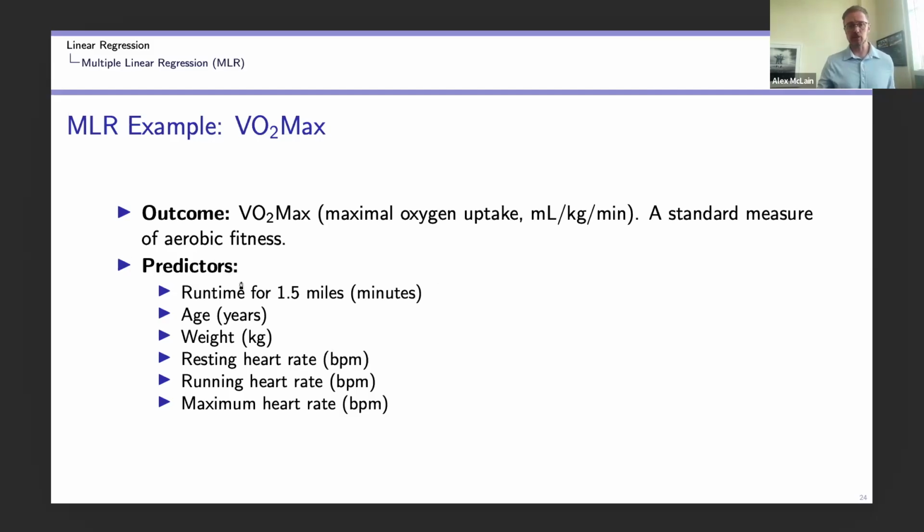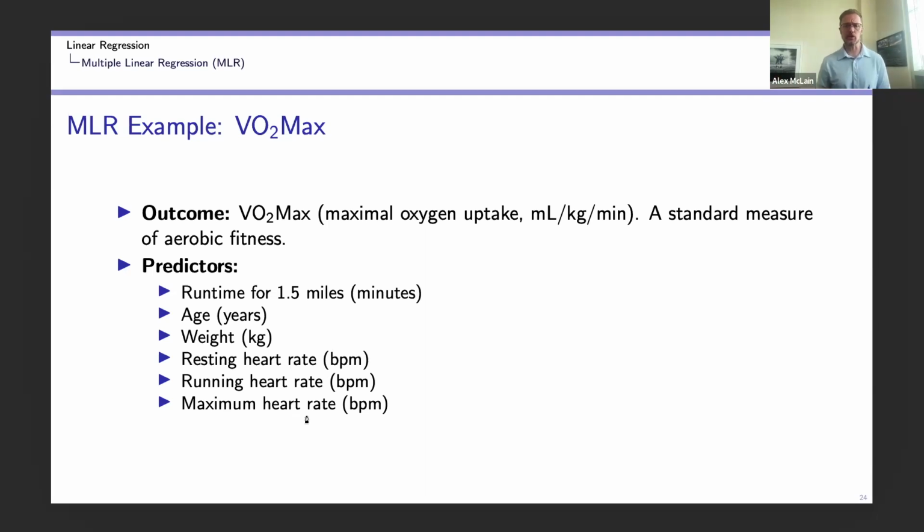So some of the predictors, some of the data that we have: a runtime for 1.5 miles. How fast can this person run 1.5 miles? Age, weight in kilograms, resting heart rate, running heart rate, so that would be an average heart rate while somebody runs, and maximum heart rate.